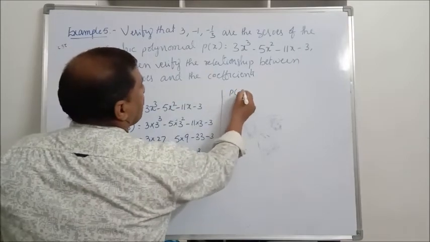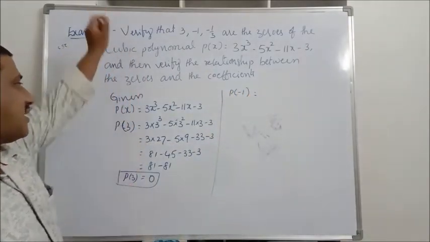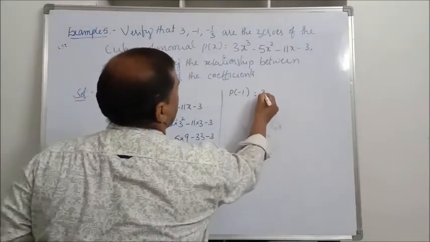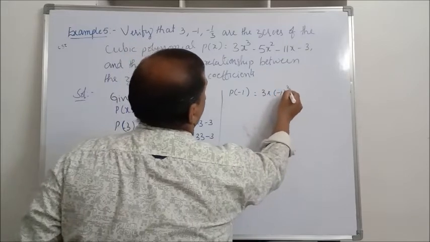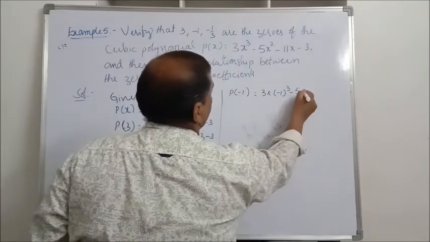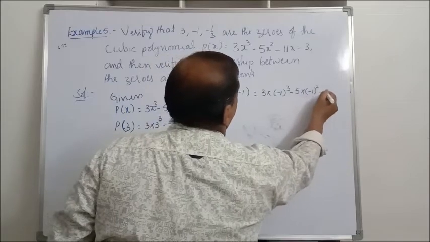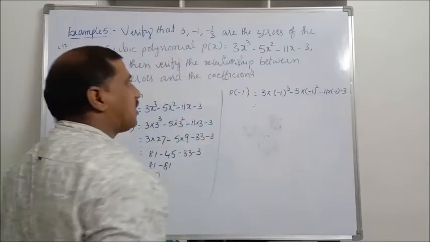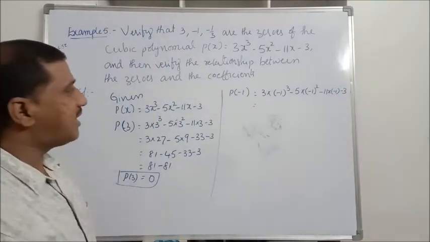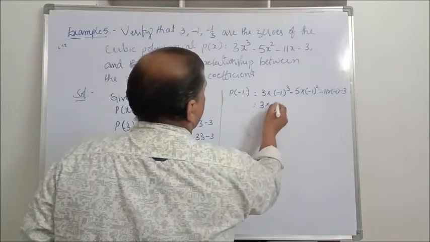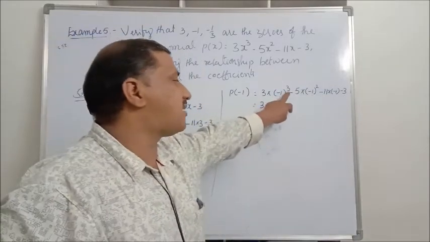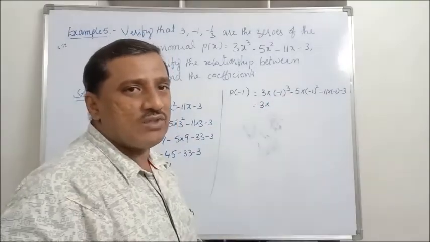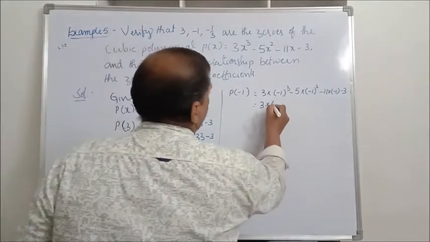That is p of minus 1 is equal to, now x is equal to minus 1, substitute in the given polynomial. 3 into x cube means 3 into minus 1 whole cube, minus 5 into x square means 5 into minus 1 whole square, minus 11 into minus 1, minus 3. Like this you substitute the value minus 1 in place of x, then simplify. 3 into minus 1 whole cube: here the power 3 is an odd number, therefore you get a negative integer, minus 1 into minus 1 into minus 1 gives minus 1.